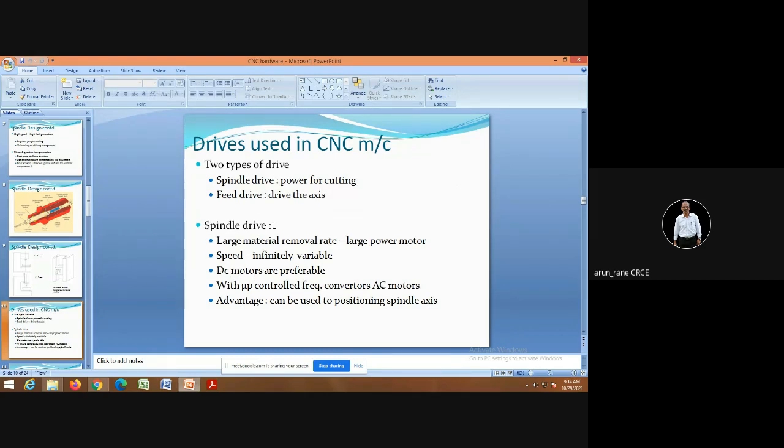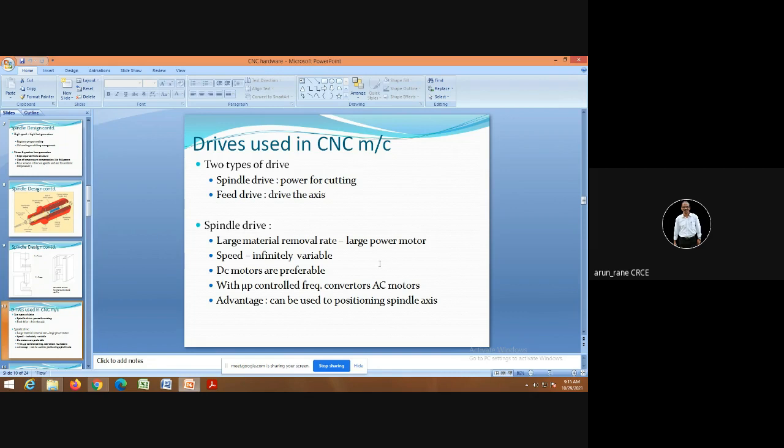What are the requirements of the spindle drive? The MRR, that is material removal rate, should be large. So obviously the power requirement will be more.